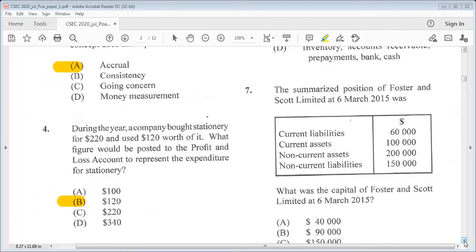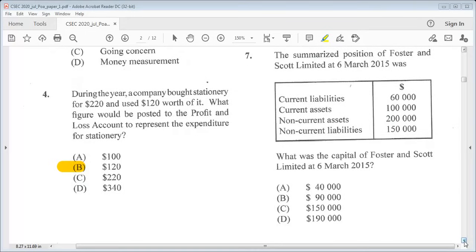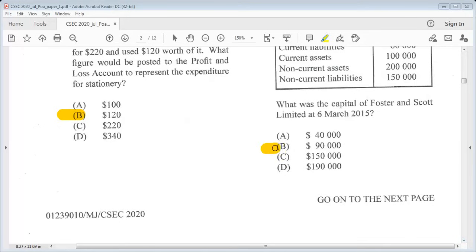So our total assets there would be $300,000. Our liabilities now, current liabilities 60,000 plus non-current liabilities 150,000. So that would give us 210,000. And we know the equation for capital is assets minus liabilities. So 300,000 take away 210,000, we're left with our answer B, $90,000.